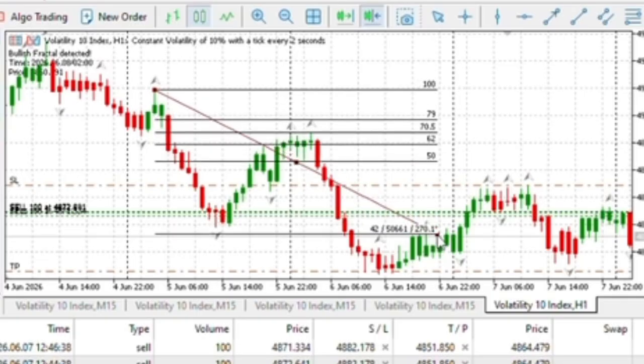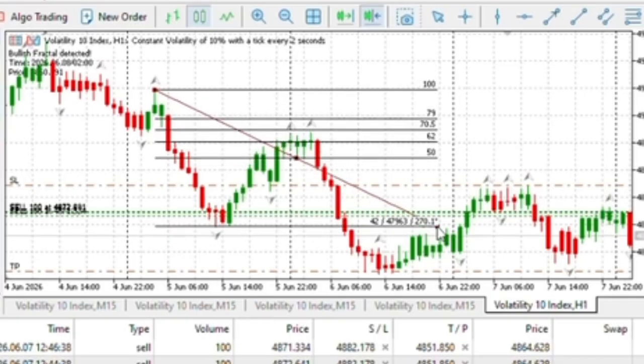And do the same thing. Go to the 15 minutes and make sure that you have a market structure shift from there, and then you draw your take profit and stop loss, and wait for the market to reach your swing low.